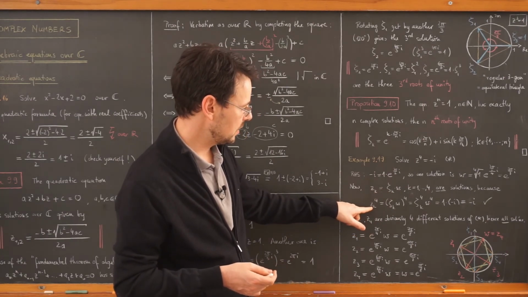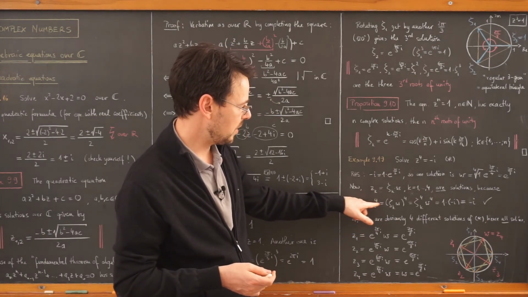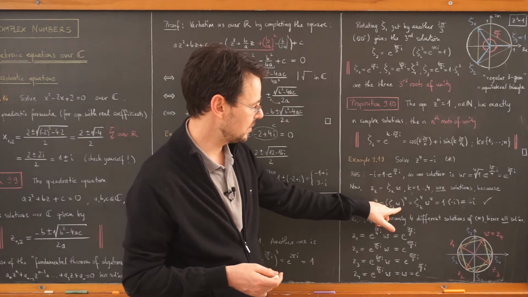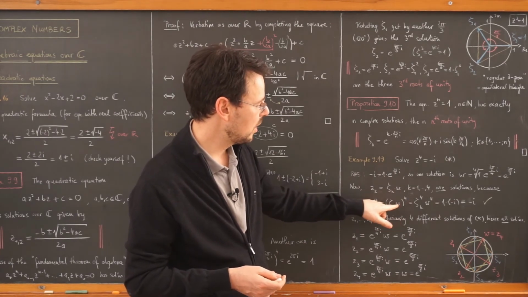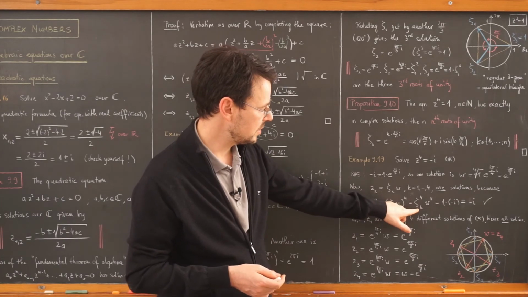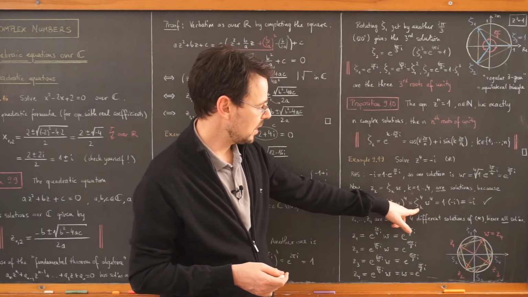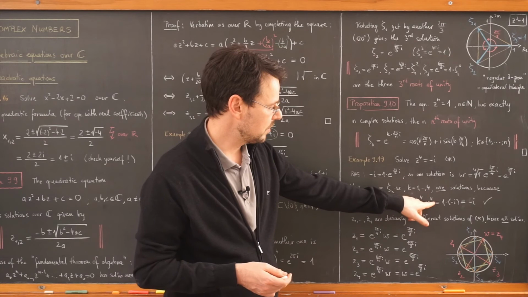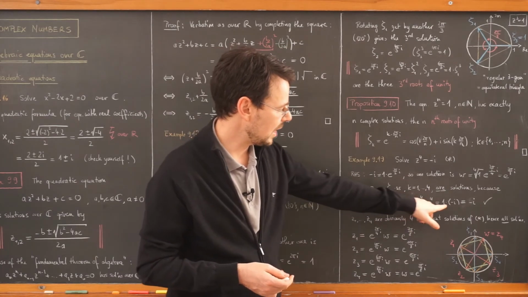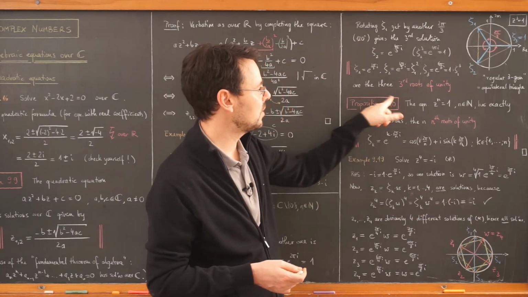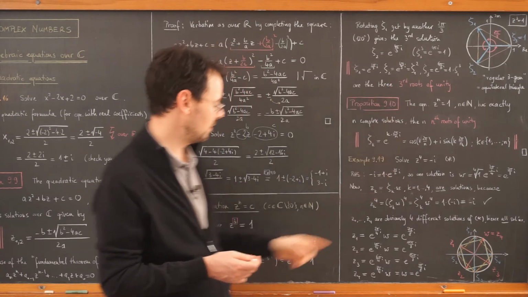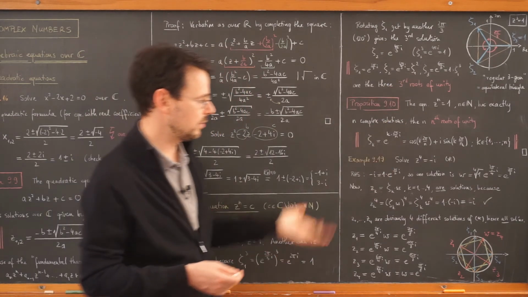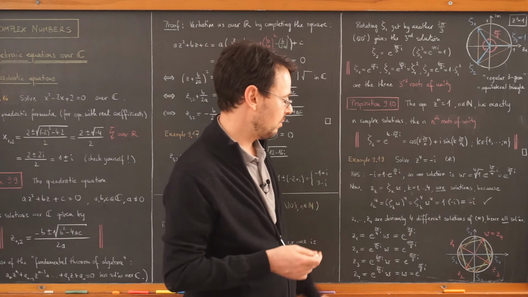Take a look. z_k to the 4th power is zeta_k times w to the 4th power. Now using the power rules, this is zeta_k to the 4th power times w to the 4th power. But zeta_k to the 4th power, of course, is 1 because we have the roots of unity. They always give you 1 when you raise them to the nth power.